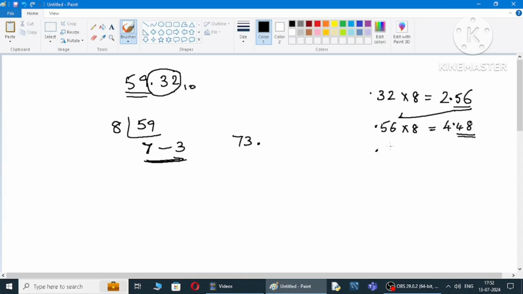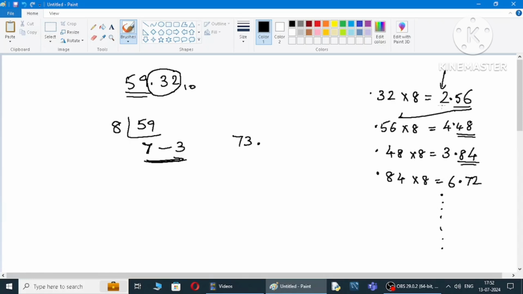Take this part alone. 0.48 into 8, 3.84. Then 0.84 alone into 8, which is 6.72. So this will go on and on. You can stop with 4 digits, or when you reach 0.00 at one point you can stop.